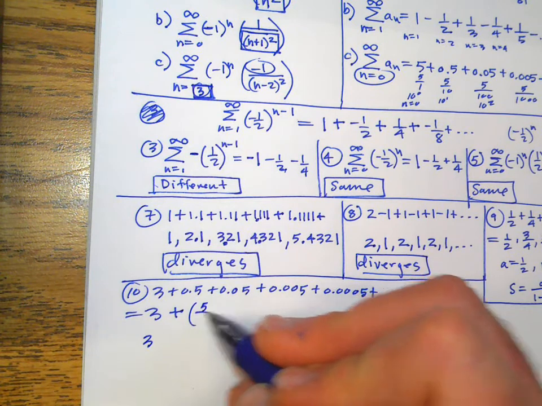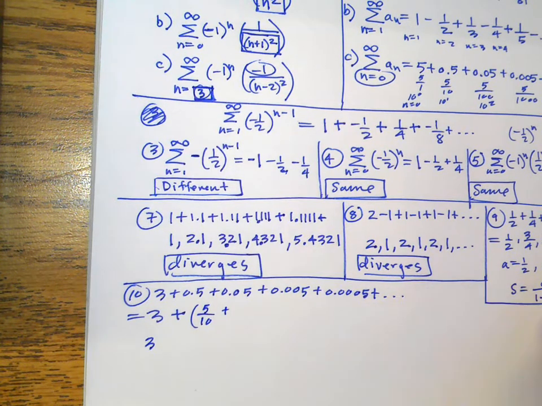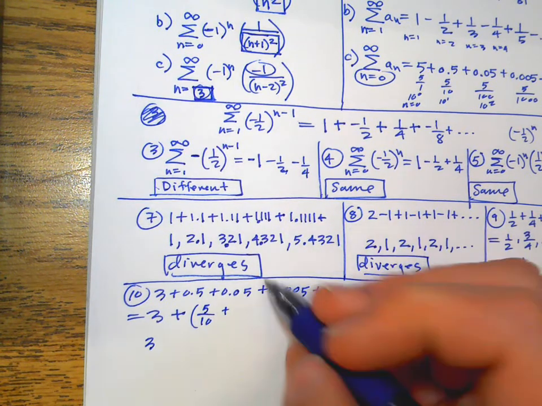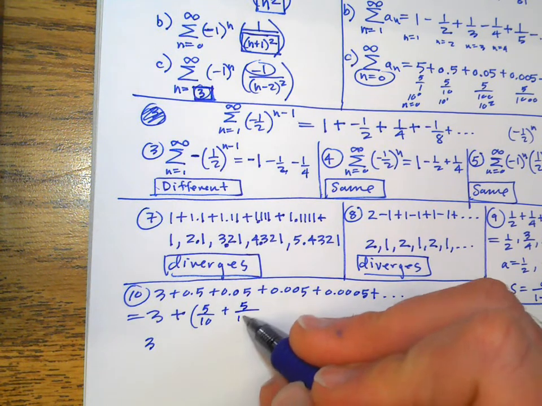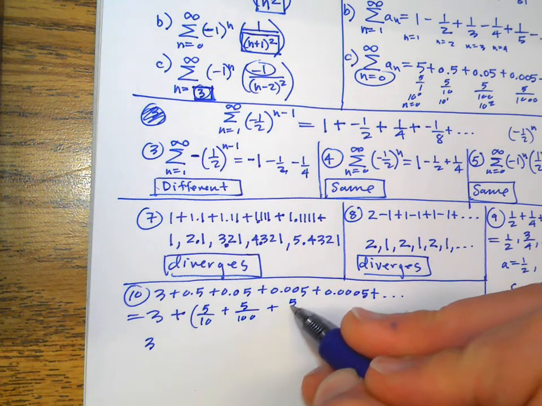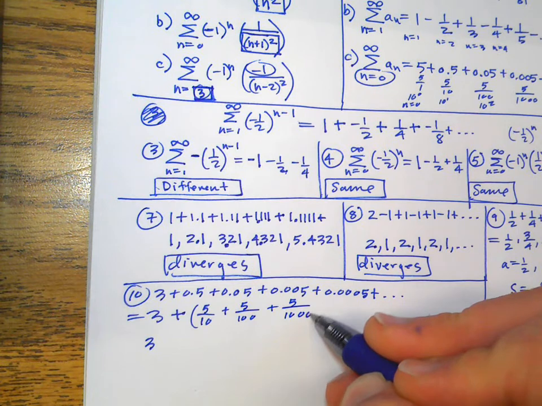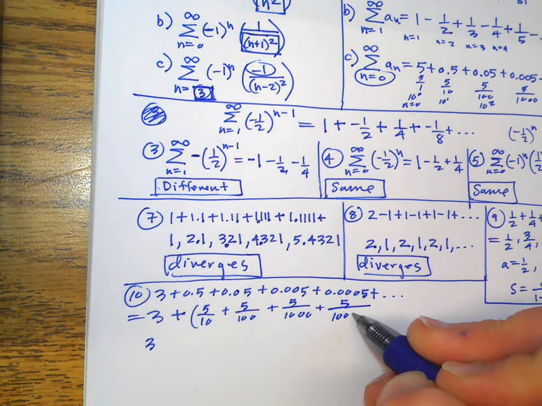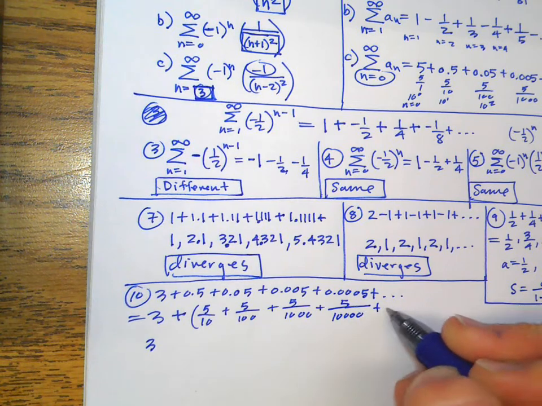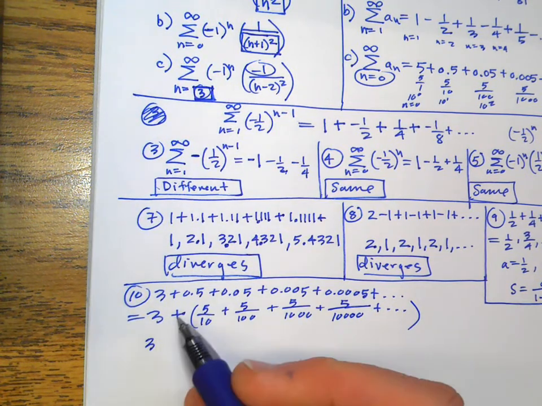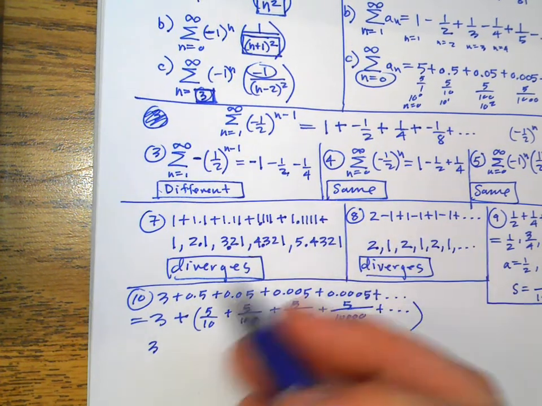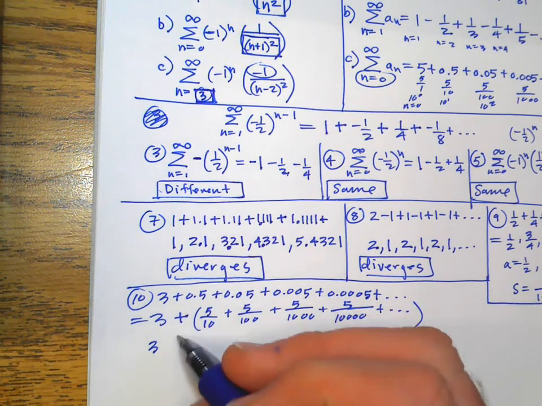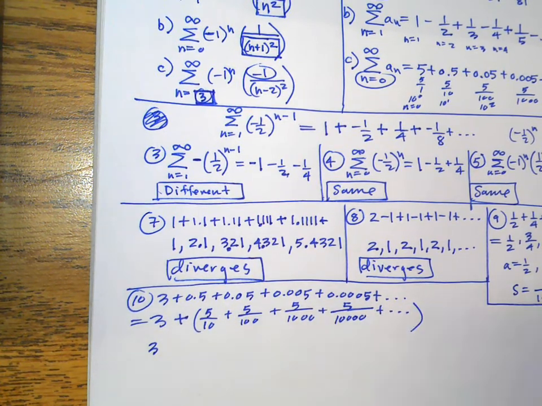I think sometimes it's easier to work with fractions. The 3 doesn't really fit the pattern, but that's fine. You can just have a random number. That's not going to change whether it converges or diverges. If you just add a number to a series that converges, it's still going to converge.